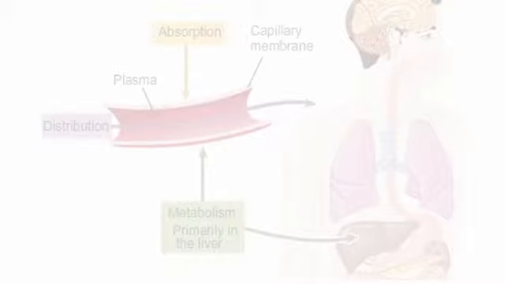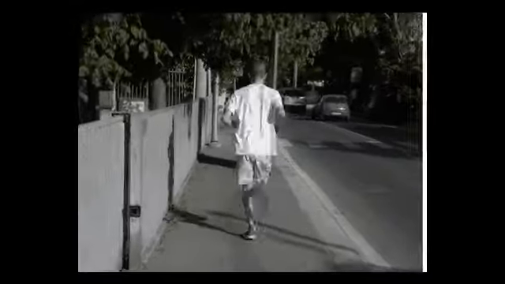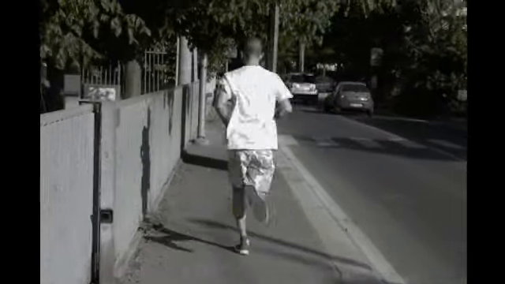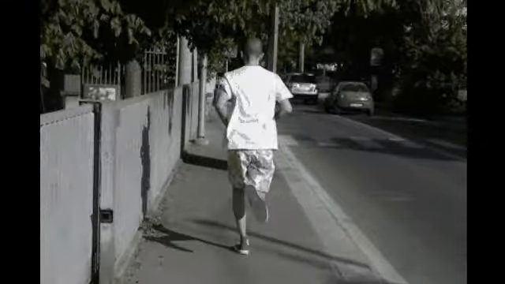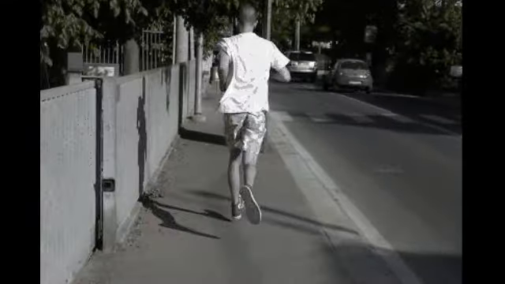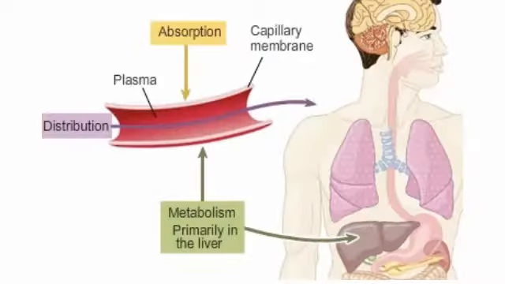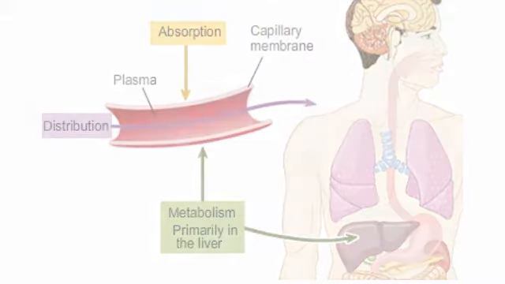So let's move on to exercise. During exercise, the blood flow is redistributed, and that's usually to the muscles and the lungs. So keep in mind, the main organs involved in the pharmacokinetics of a drug are the liver, the kidney, and the gastrointestinal tract. So now they actually have less blood flow.